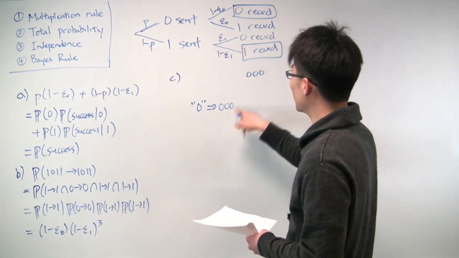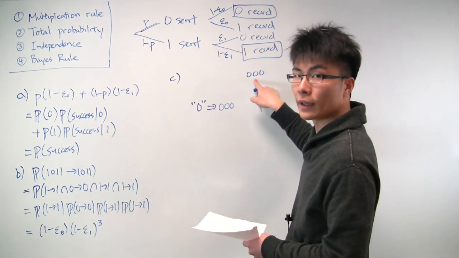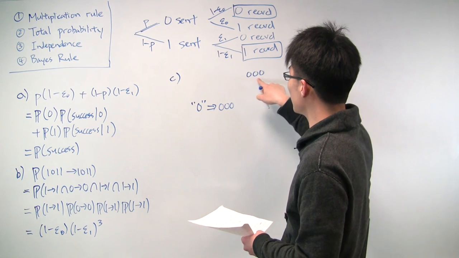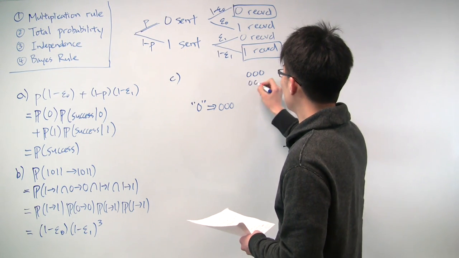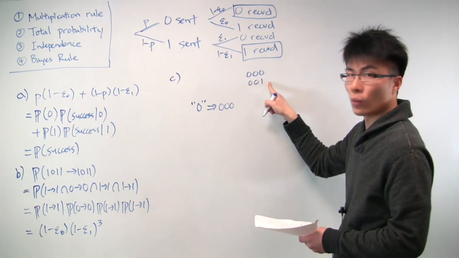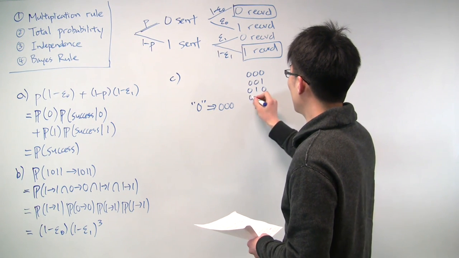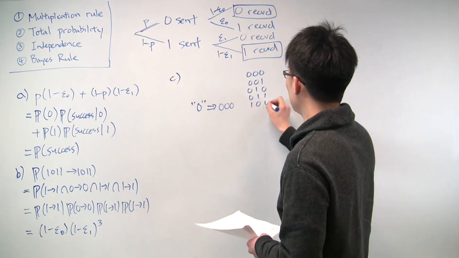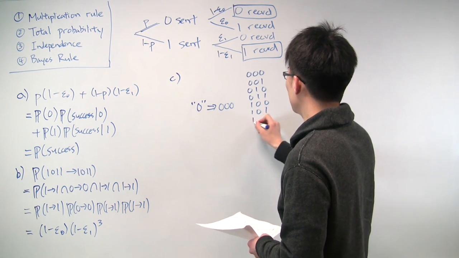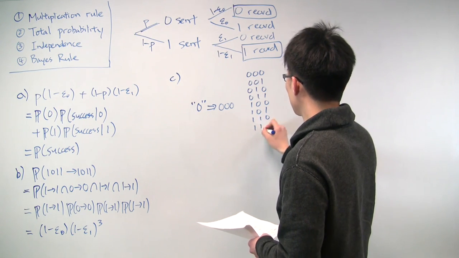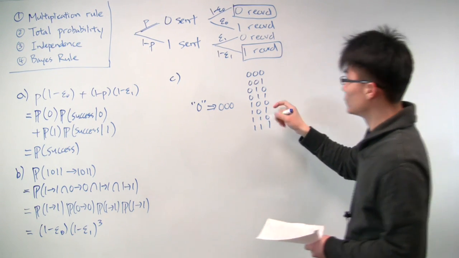So the 000 can stay and get transmitted successfully as a 000, or maybe the last 0 gets turned into a 1, or the second 0 gets turned into a 1, or we can have any one of these 8 possible outcomes on the receiving end.